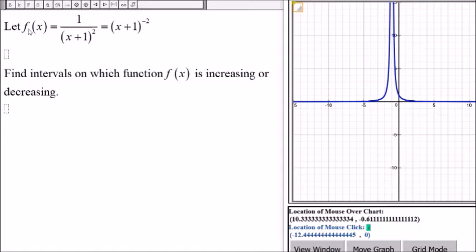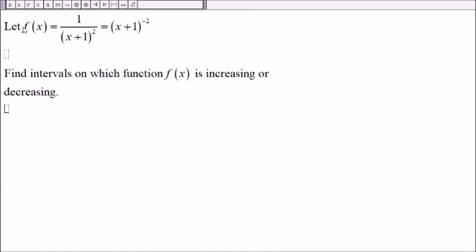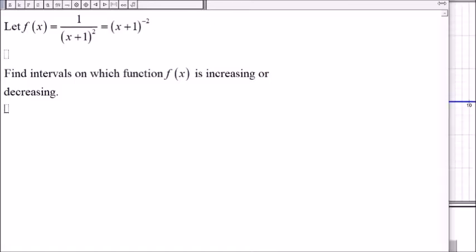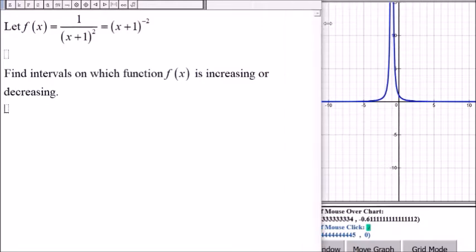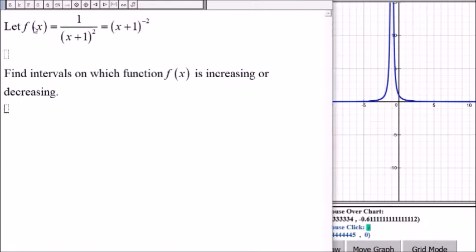First, let's find the derivative. We think it's negative 1, but we'll find the derivative and then find the critical numbers. And then that will tell us if this is indeed negative 1.